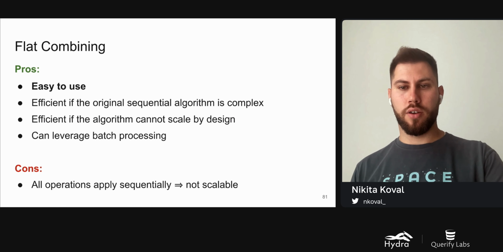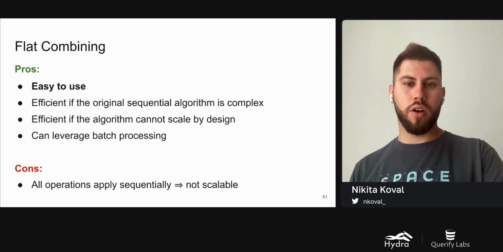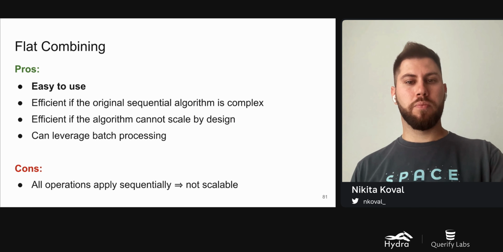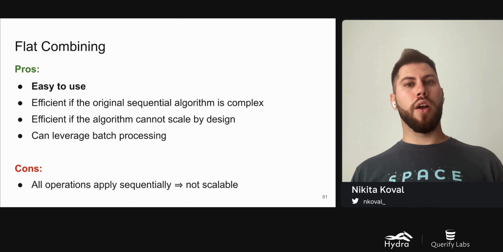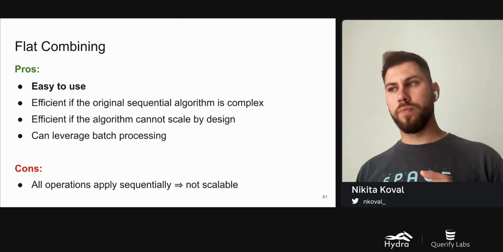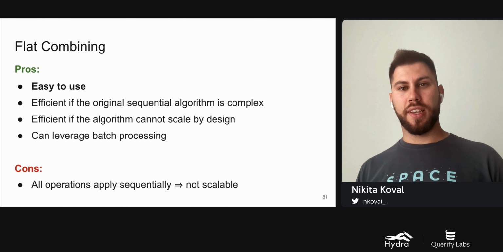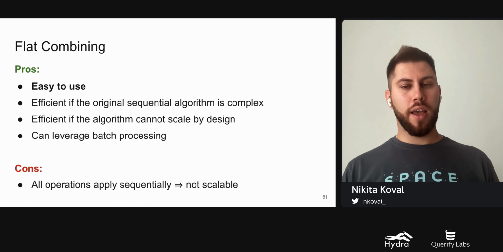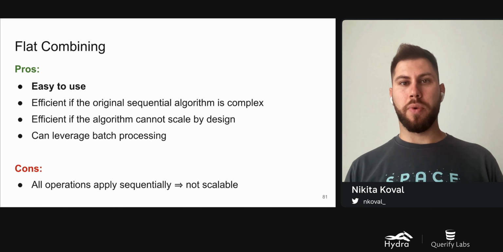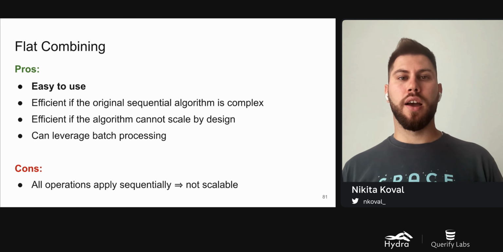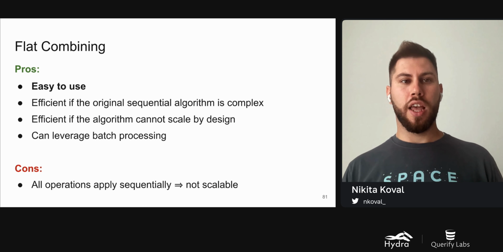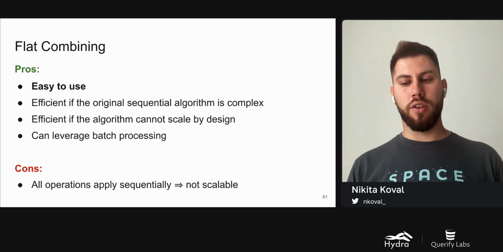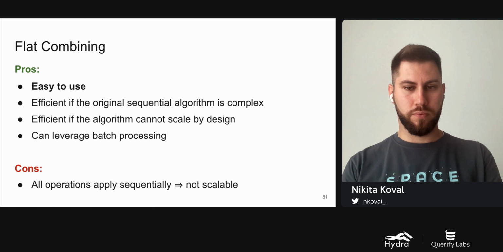And also, sometimes, for example, in graph algorithms, it's possible that it's cheaper to process operations in a batch, and thus, when a thread becomes a combiner, it can collect all the operations and process them in a single batch, thus improving the performance.